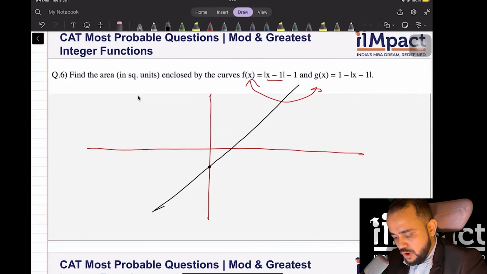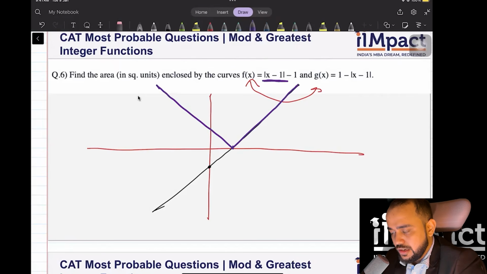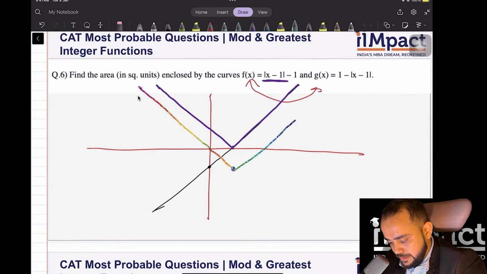Now because this is a mod, the graph would actually be something like this. So this much has been made. Now I only have to shift this downwards by 1 unit. So the final graph of f(x) that I will be getting is this one. I'm running out of pens, so I will use something very colorful here. This is the graph that you are going to get for f(x).